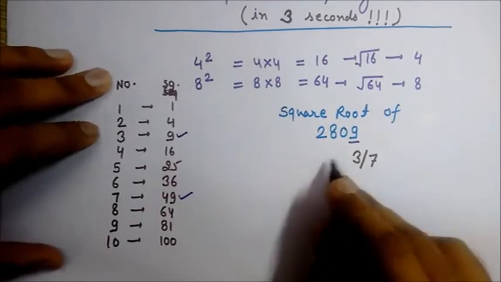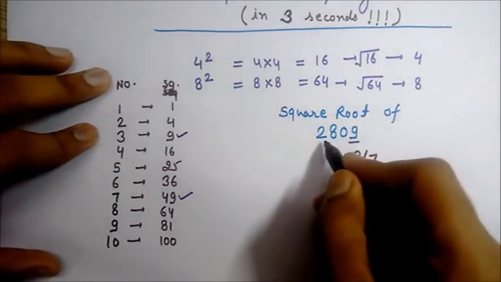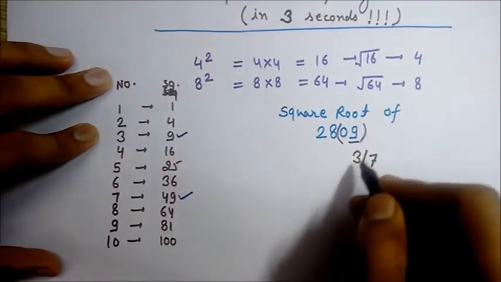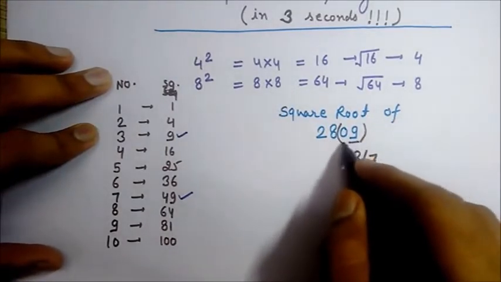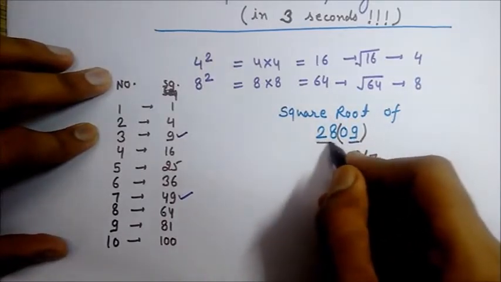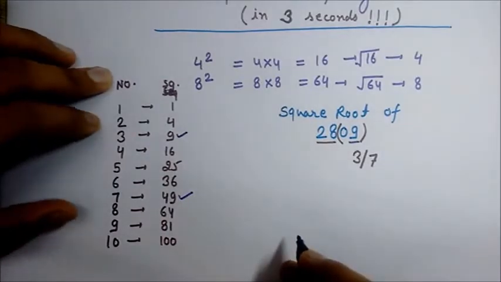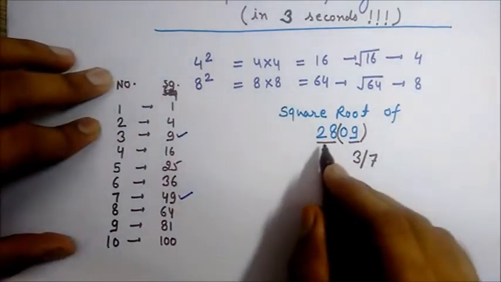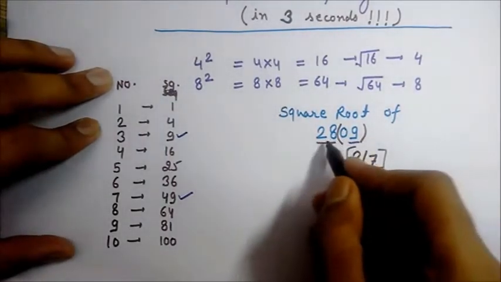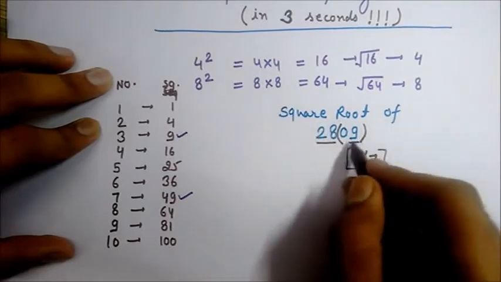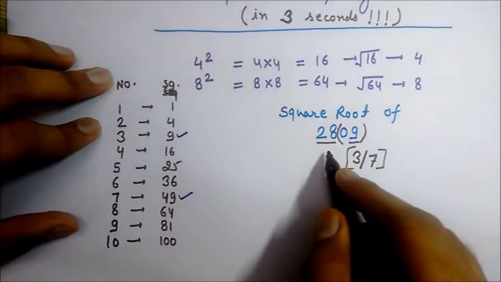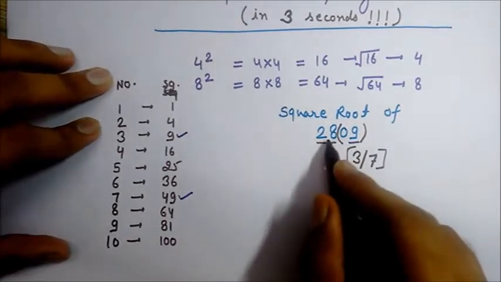Before that, leave these last 2 digits and focus on the first 2 digits of this number. We will deal with this 3 or 7 later. So now focus on this 28 after leaving these last 2 digits. We will now need to find the square root of 28.